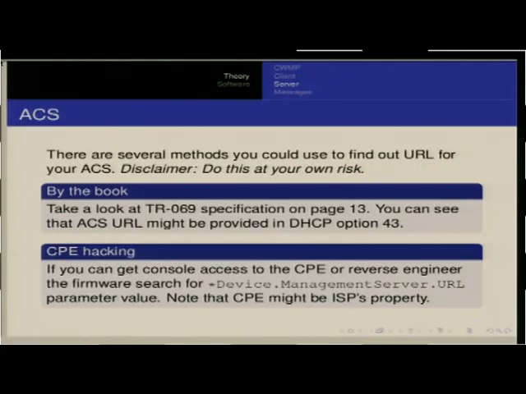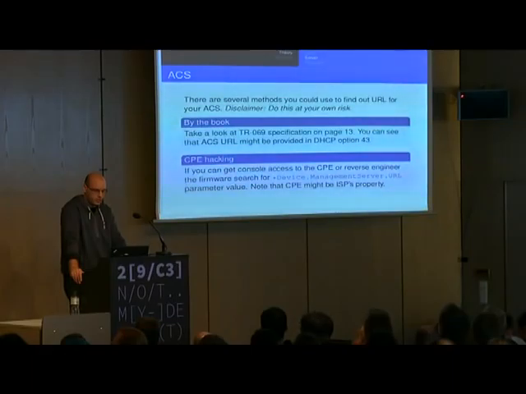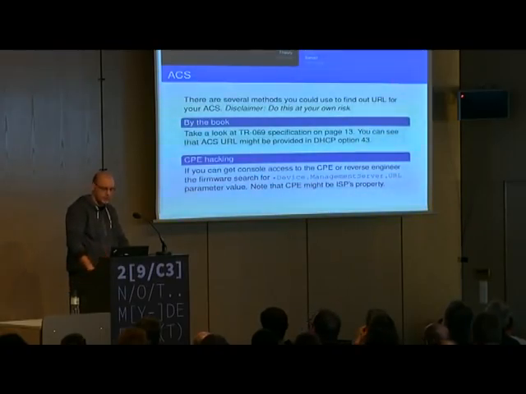Or you can hack the CP. You can look into the firmware image or somehow enter the root shell and search for this parameter. Okay, so this is something that you will have to know in order to access the ACS.